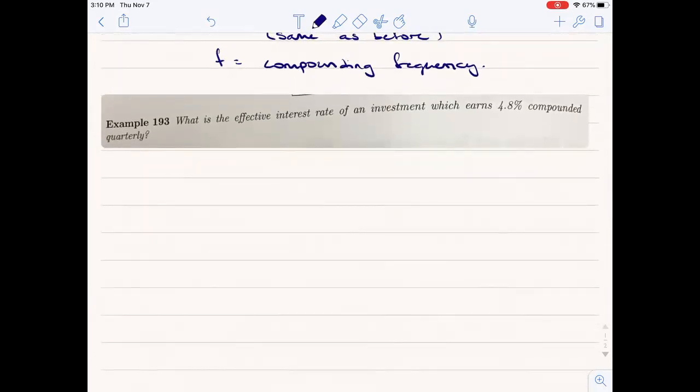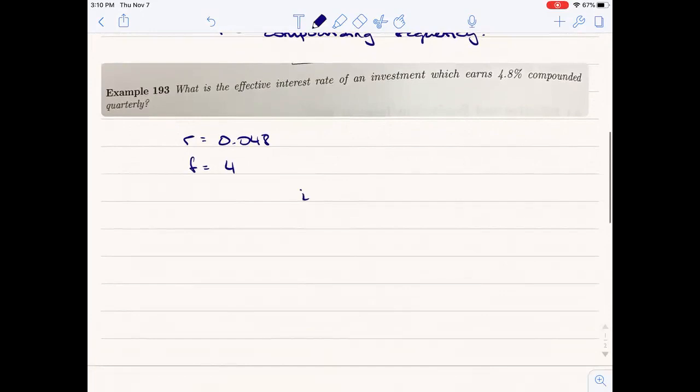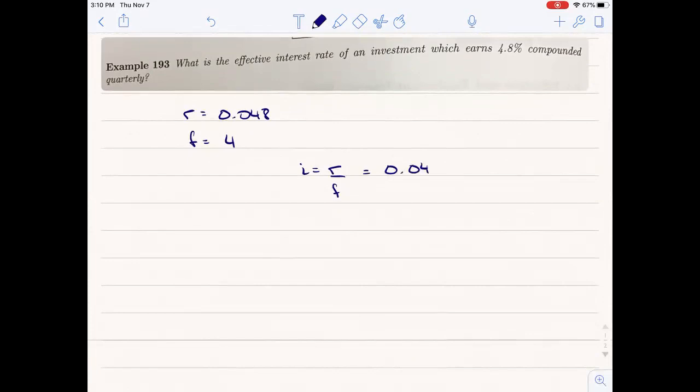And so we know that R is 0.048 and F is quarterly, so 4, which means that I is R over F, that's still true, which is 0.048 over 4. 0.048 divided by 4 is 0.012. So that's the periodic interest rate that we want to find the effective rate of.